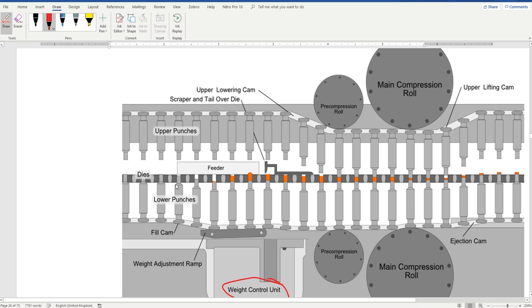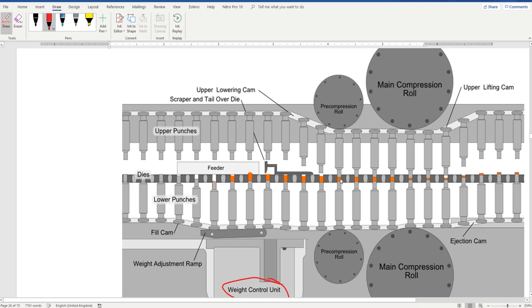While it's rotating, as I said, the lower punch gets down to be filled with powder formulation or granule formulation, and then it gets pre-compressed and then compressed. Of course, as I said, this happens very quickly, and the reason why we need pre-compression is to remove air, but also to allow more time for the granules or powder inside to be compressed.